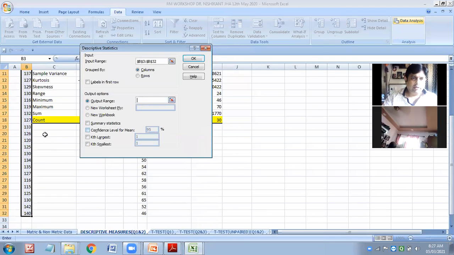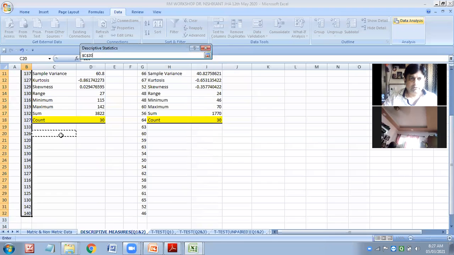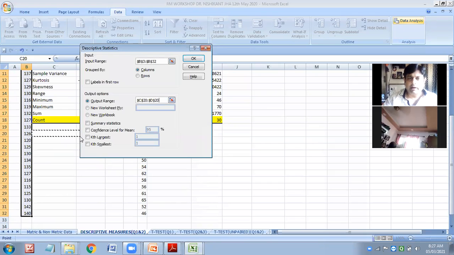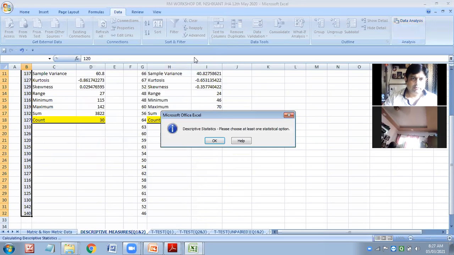I wanted to have the output here only. यहीं पे आउटपुट आएगा, तो आपको समझेगा बराबर आंसर आया है कि नहीं. ठीक है. I will put okay.